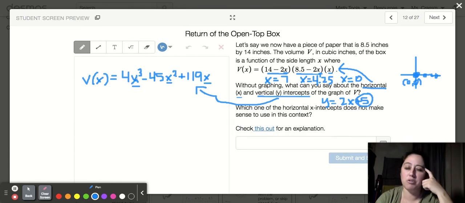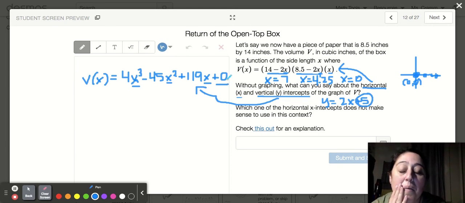So that kind of clues you into, this doesn't have a y-intercept, or I guess it does, but that y-intercept is 0. Because see, I could actually just add 0 to the end here, right? And that doesn't change anything. It's fine. But it lets you know, hey, this y-intercept is going to be 0. Okay. All right. So I think that we have those all set.